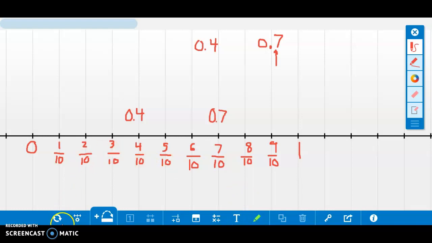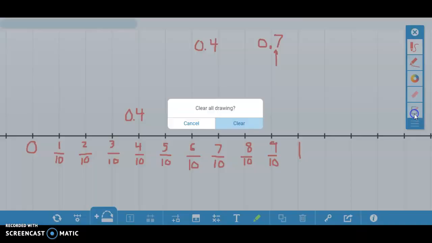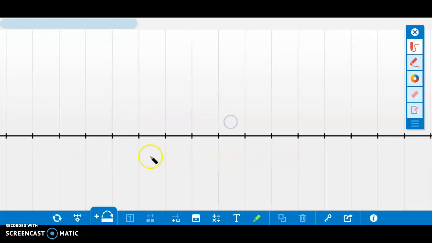Now, let's say I wanted to change this. And instead of being from 0 to 1, I wanted to see all the parts between 4 and 5. Well, how many pieces are in between my 4 and 5? There are 10.